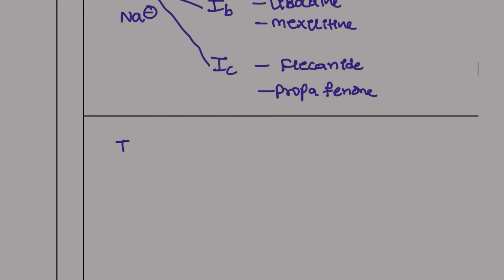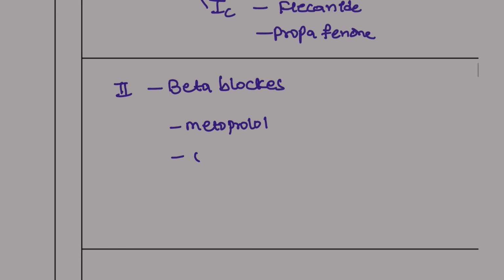Next, class 2 is the beta blockers. Class 2 drugs are the beta blockers. What are the examples, guys? You can remember metoprolol and also esmolol, atenolol, right? Landiolol.